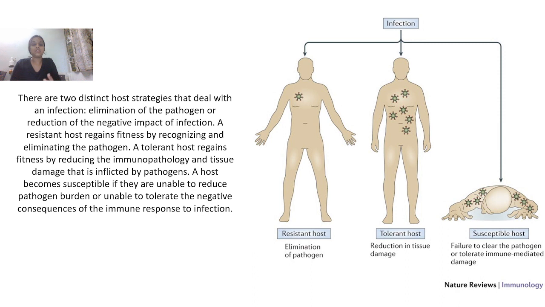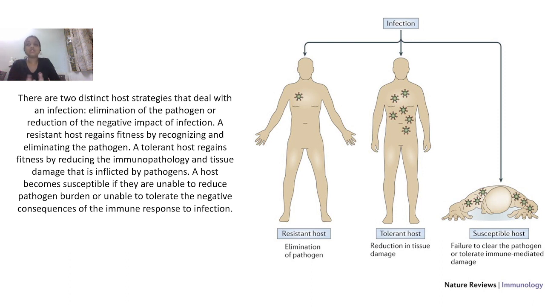They cannot eliminate the pathogen, they cannot reduce the tissue damage, and they are unable to tolerate the negative consequence of the immune response to the infection. That leads to the susceptibility of that host towards the infection. So there will be further immune mediated damage or pathogen mediated damage which will make it susceptible to that particular infection.